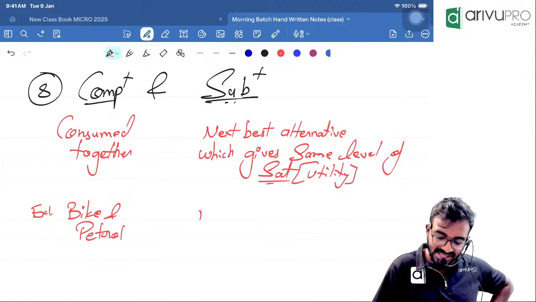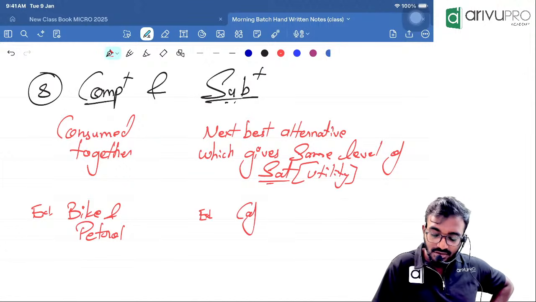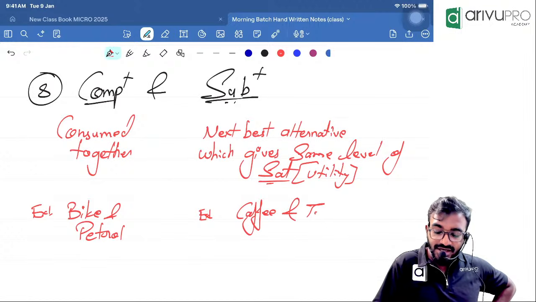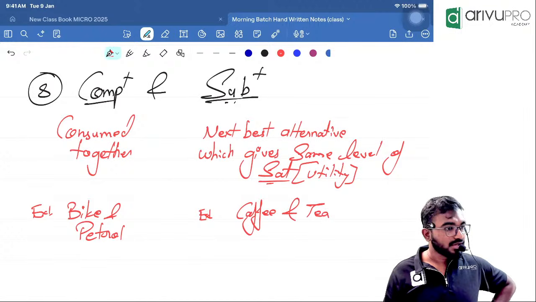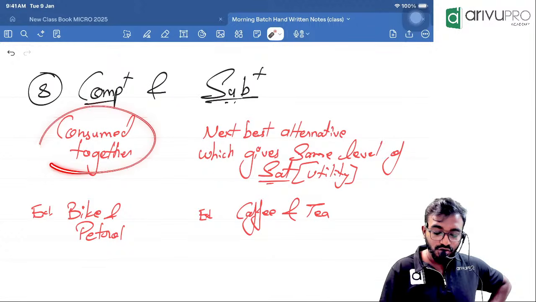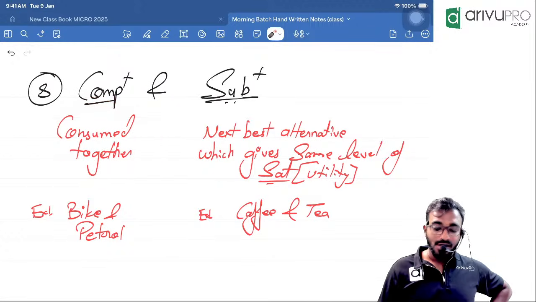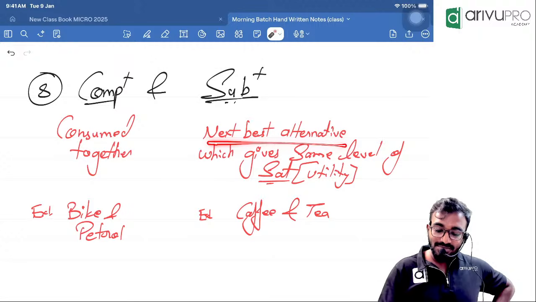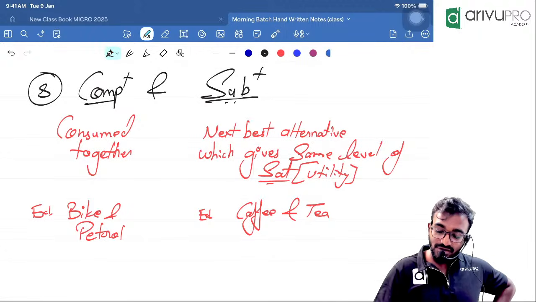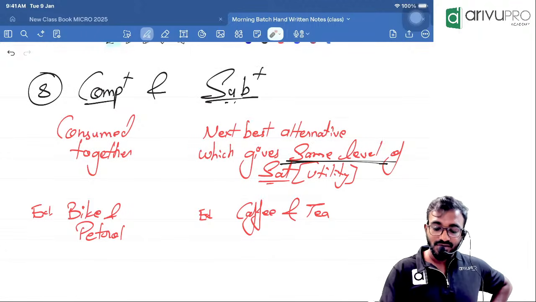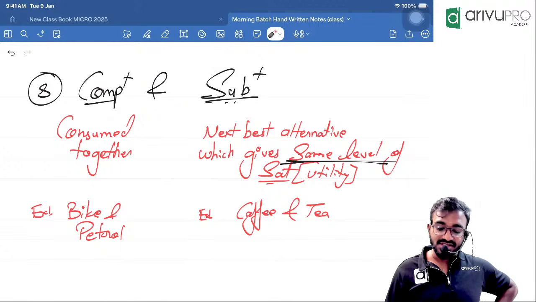Okay, can I take an example of coffee and tea? Sir, instead of coffee, I can consume tea. Clear. So remember, complementaries are those goods which are consumed together. Substitute goods are the next best alternative which provides the same level of satisfaction. Clear?